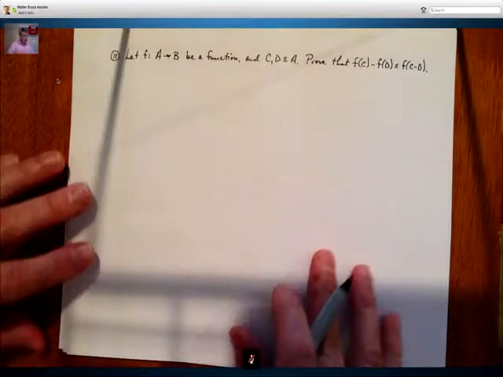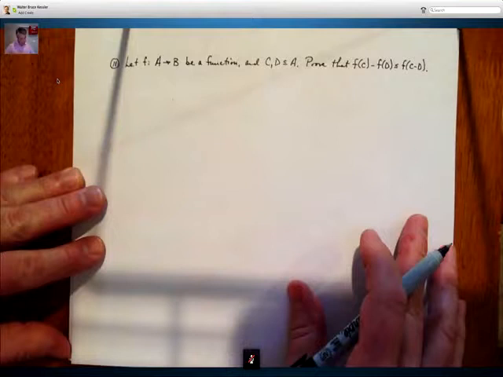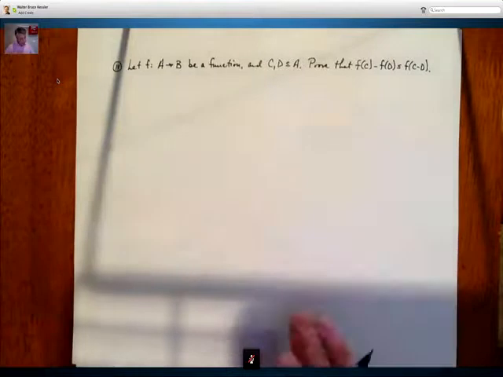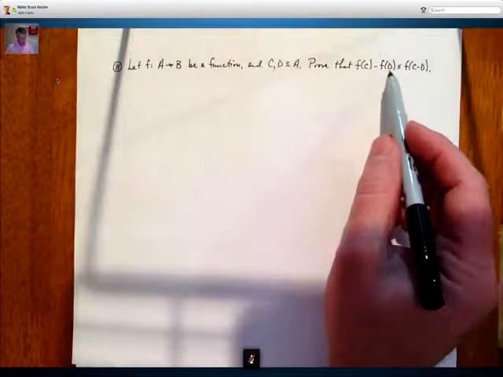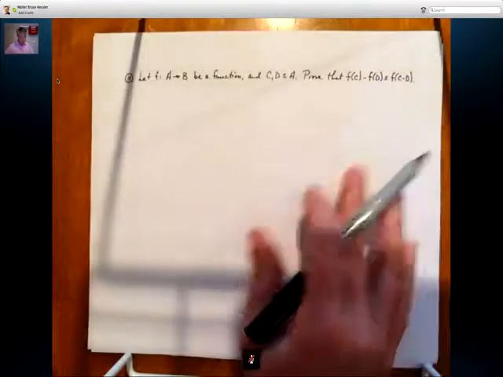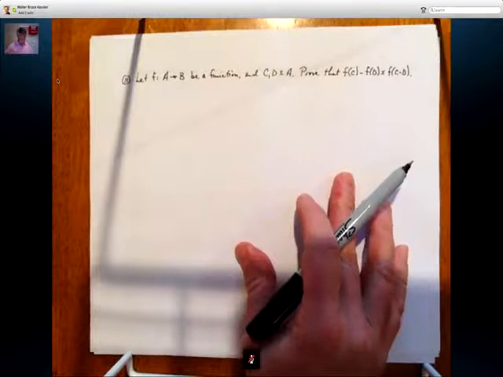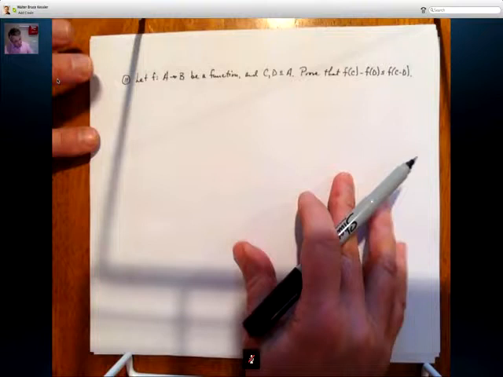Oops. Third problem, and I think there's a part I forgot to write down here. We want to prove that f of C minus f of D is a subset of f of C minus D. But then there's also this part.